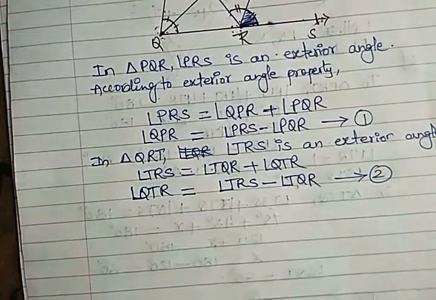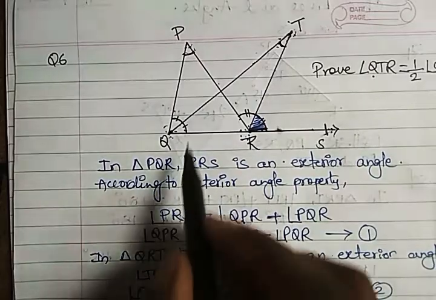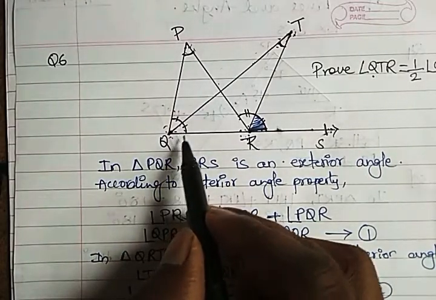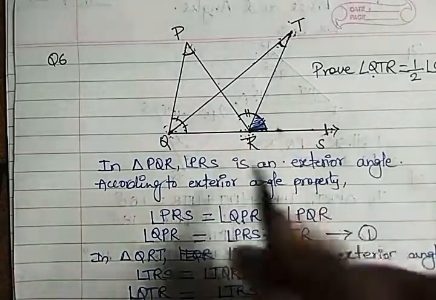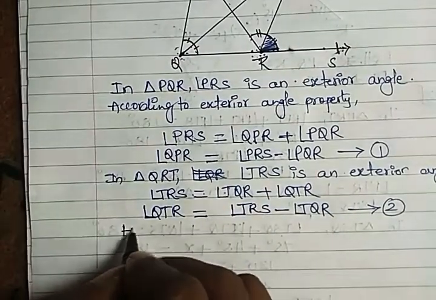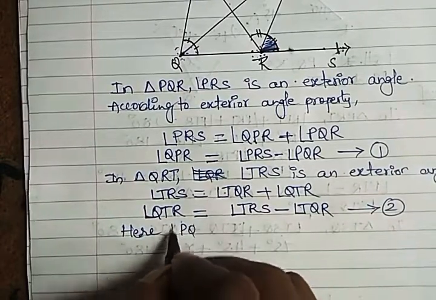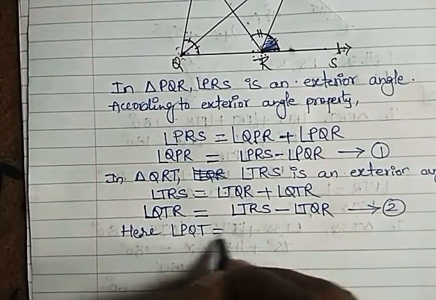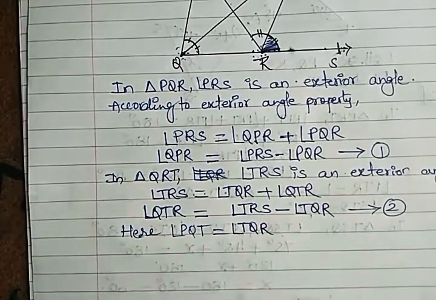Now the angle bisectors that are given, let us use that data. What are those angle bisectors? PQR angle is divided into two parts, PQT and TQR. So here we will write this statement first. Here angle PQT is equal to angle TQR.